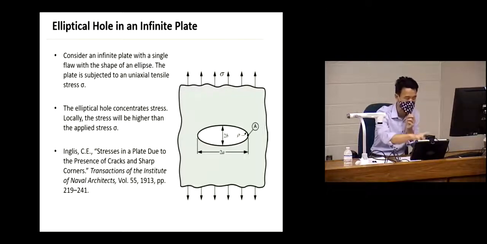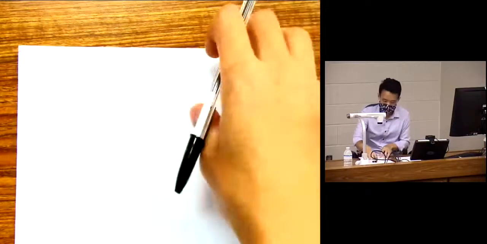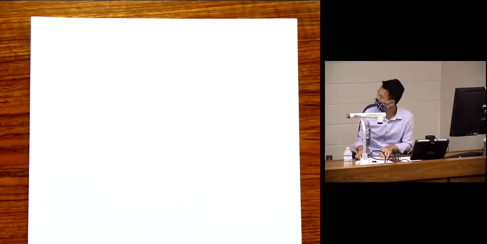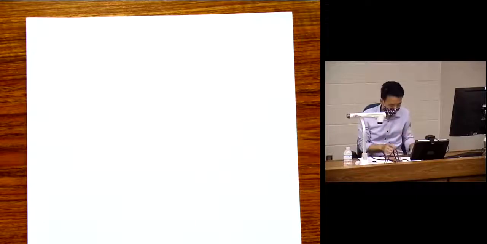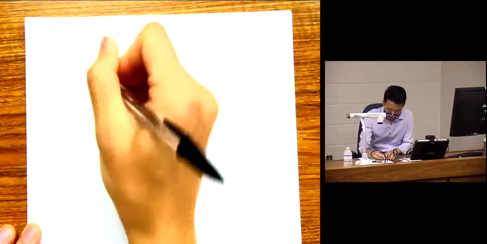Now the mathematics of solving this analytically is quite painful, right? So I don't want to show you that because there's a lot of derivation and mathematics. I want to just show you the final result and talk about the physical insights from that solution. Okay.